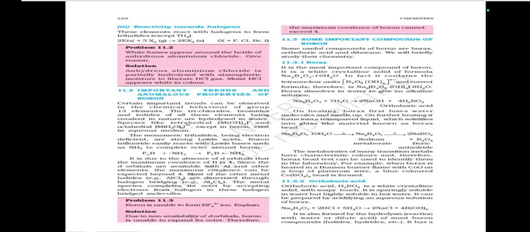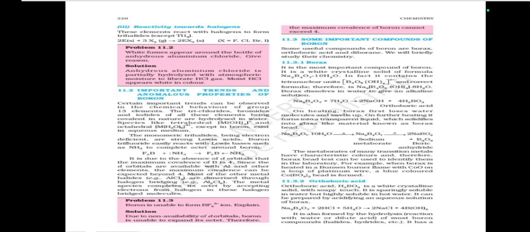Orthoboric acid. Orthoboric acid H3BO3 is a white crystalline solid with a soapy touch. It is sparingly soluble in water but highly soluble in hot water. It can be prepared by acidifying an aqueous solution of borax: Na2B4O7 + 2HCl + 5H2O gives 2NaCl + 4B(OH)3.